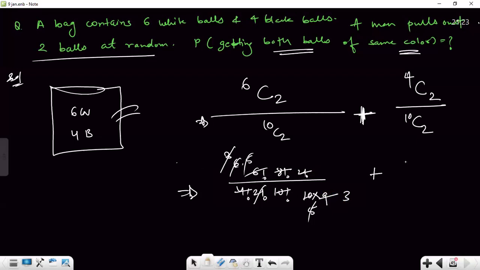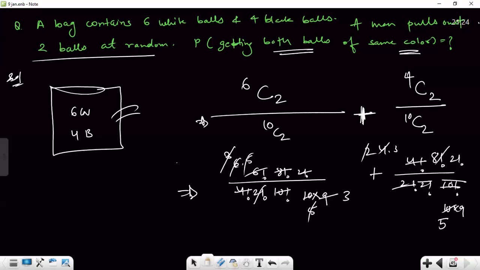Discussion of 4C2 is 6. I remember it. Otherwise, I hide it also. 10 factorial is 10, 9, 8 factorial, and 2 factorial. So this has become 8, that has cancelled. 10 into 9. 4 factorial is cancelled by 2. 4 into 3. 2 cancels 4 by 2. 2 cancels 10 by 5. 3 cancels 9 by 3.